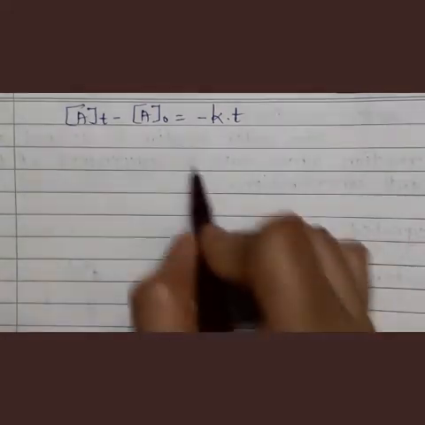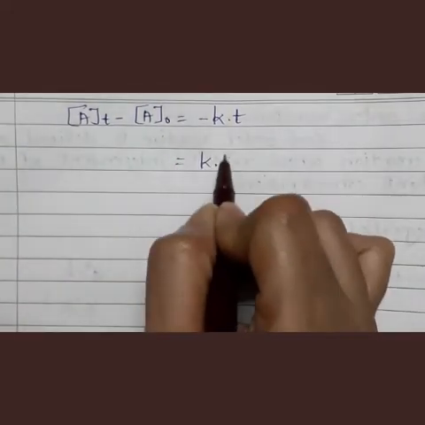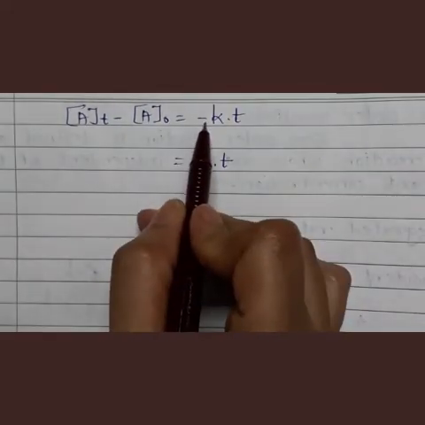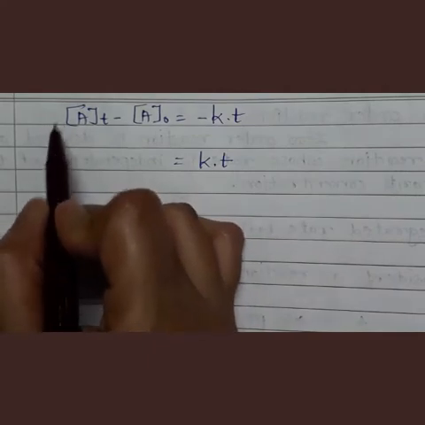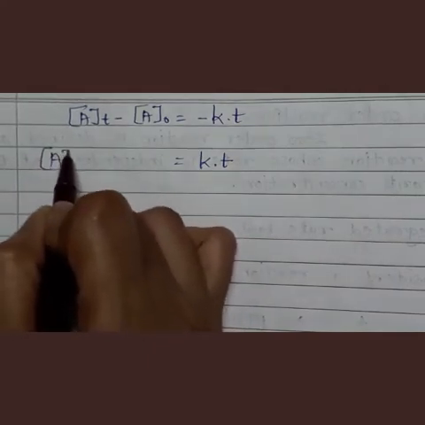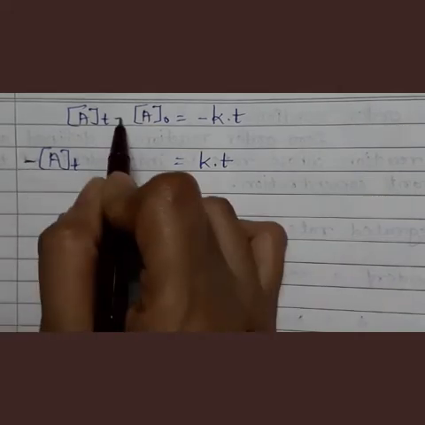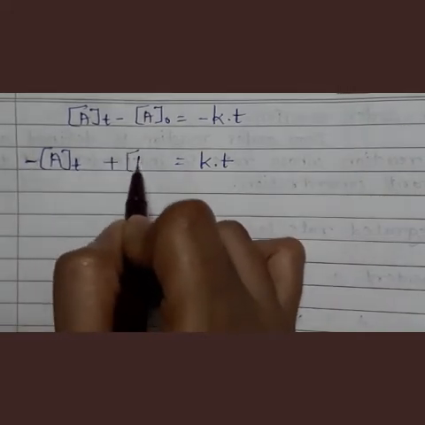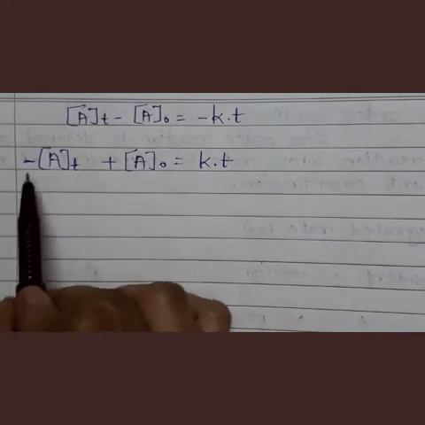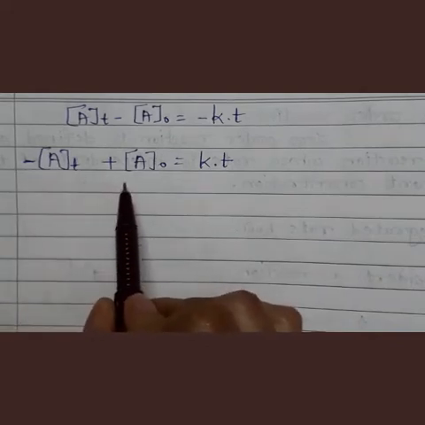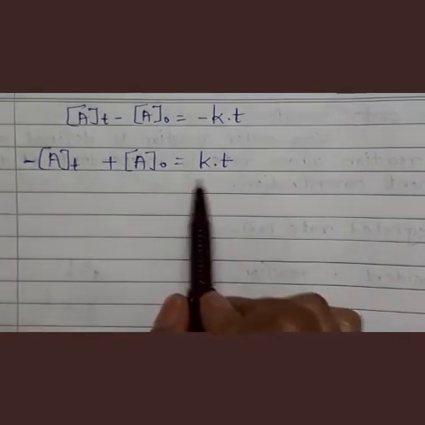Now this negative sign we will shift on that side. So this kt will become positive. The negative sign we have shifted to this side, so At, which is positive, will become negative, and this negative term will become positive. So minus At plus A0 is equal to kt.